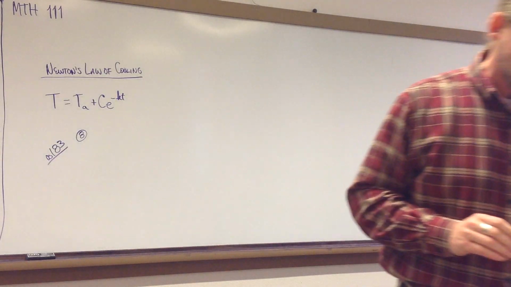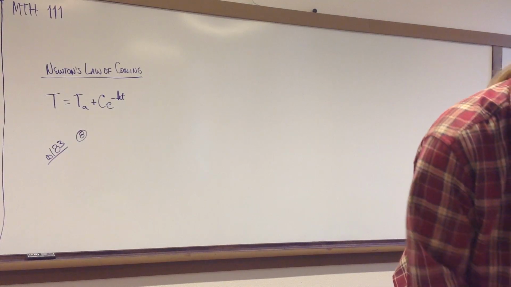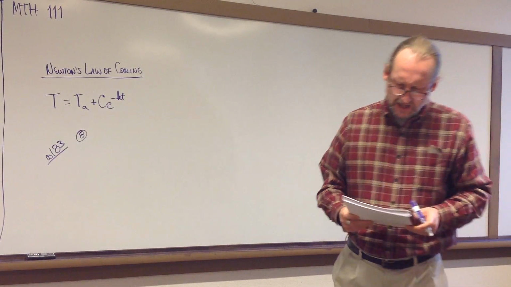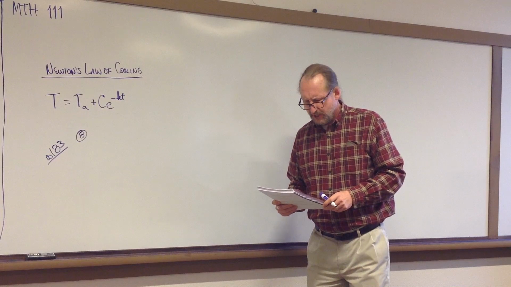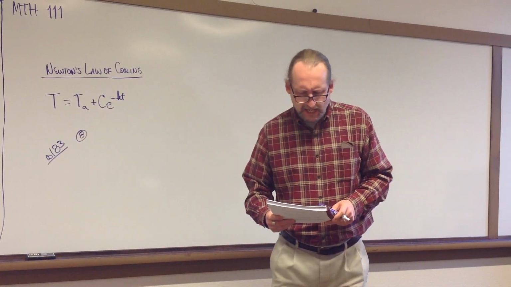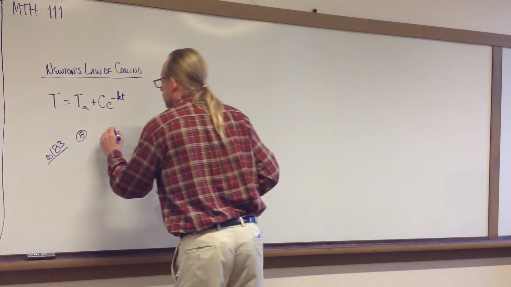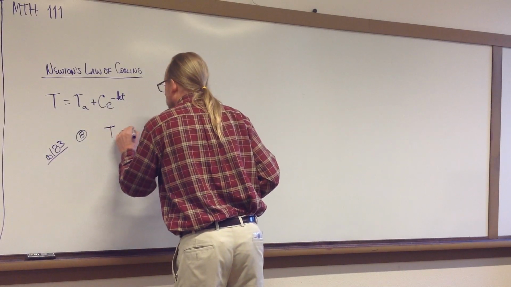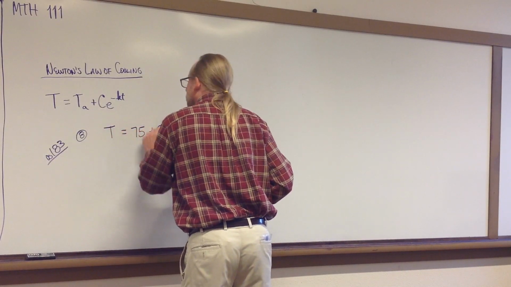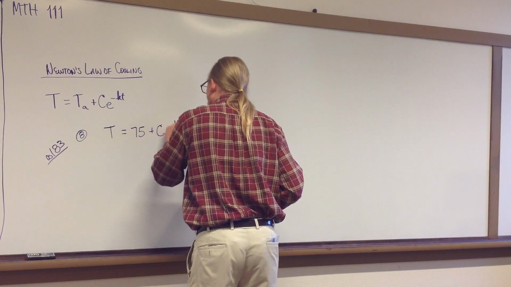Problem 8, we've got a roasted turkey taken out of the oven when its temperature has reached 185 degrees, placed on a table in a room where the temperature is 75 degrees. So right away we know the ambient temperature is 75 degrees.